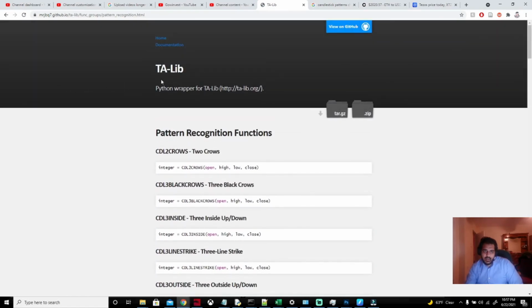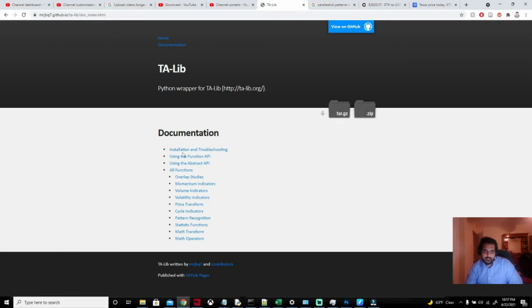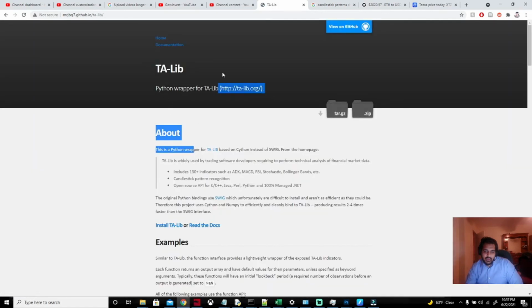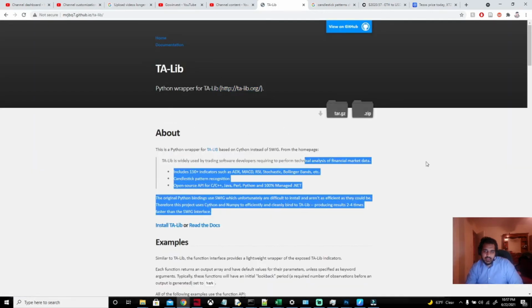It's called the Technical Analysis Library. It runs through a C++ implementation through Python, so it's pretty fast in terms of how quickly it can execute things on live trades, on live data sets.